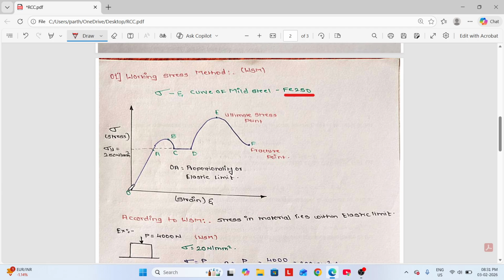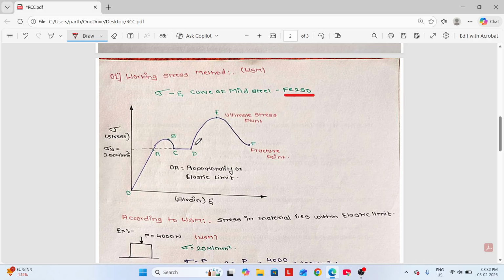Here on the x-axis there is strain, and on the y-axis there is stress. So we can carefully observe the graph. From 0 to A it is increasing, up to the proportionality or elastic limit, and then there is a sudden increase up to B. After B the graph goes slightly down towards C, and then from C to D the stress is constant but the strain increases.